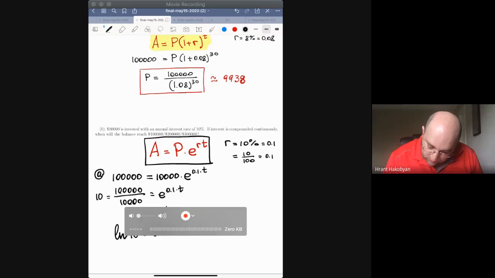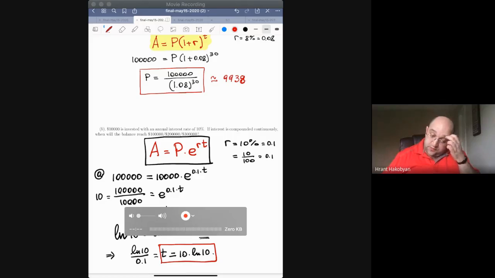So this whole thing is equal to 0.1t. Your t is equal to, dividing both sides by 0.1, the logarithm of 10 divided by 0.1 is the time that I need to wait. Dividing by 0.1 is the same as multiplying by 10, so it's equal to 10 times the logarithm of 10, and that will be my answer.